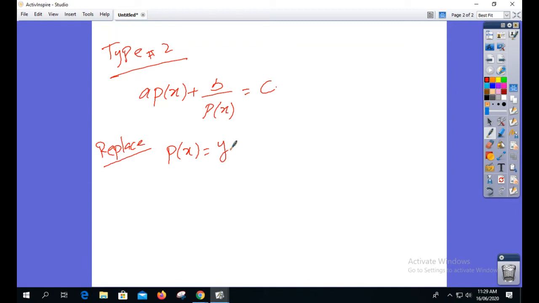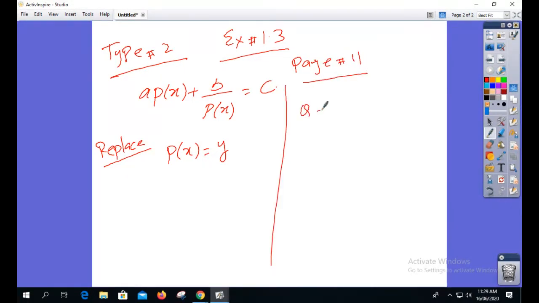Open your book, page number 11, exercise 1.3. Page number 11, question number 6.